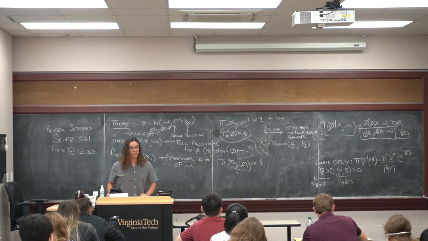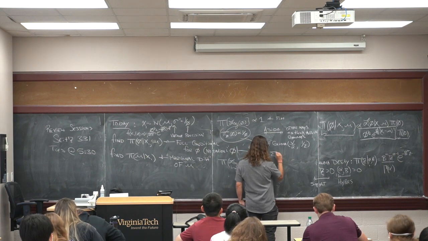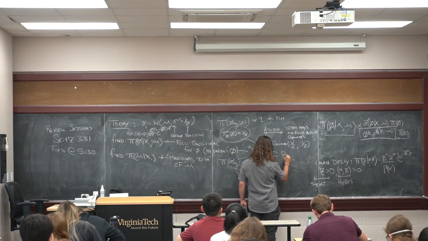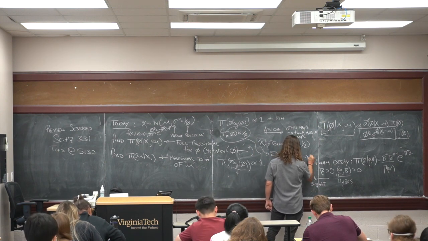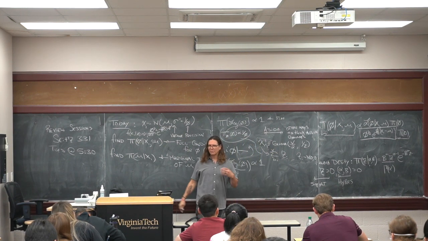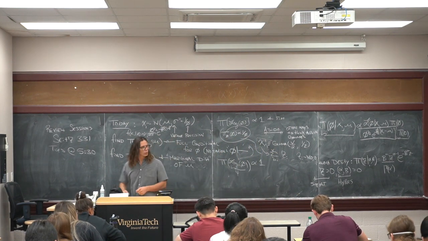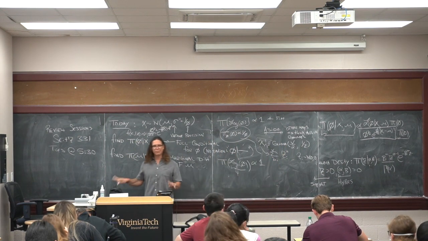Sums of normals. So maybe sums of z_i squared, where the z's are normal 0, 1s, with i going from 1 to nu. That's chi-squared. That comes up sometimes.